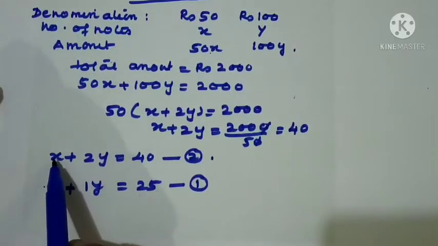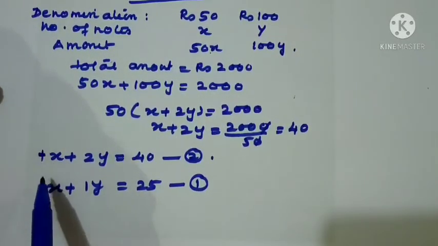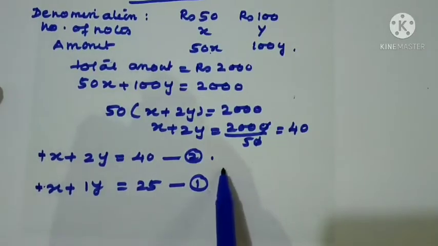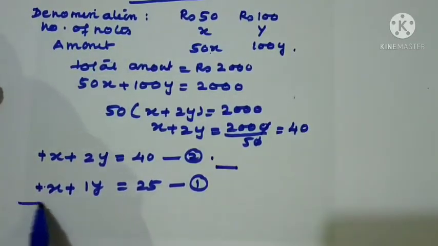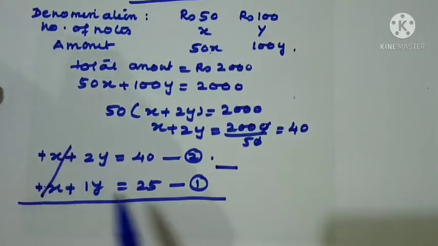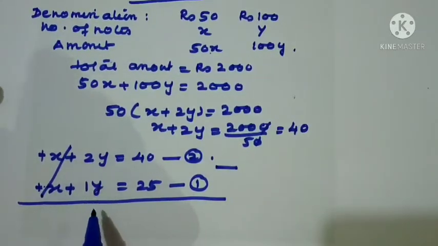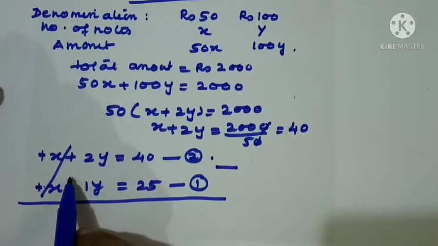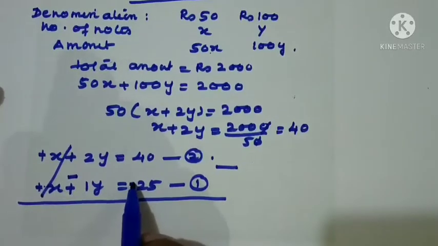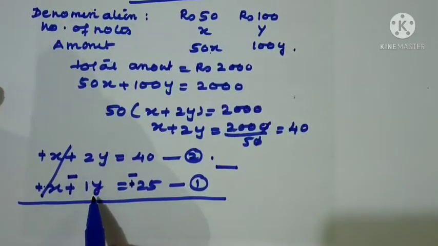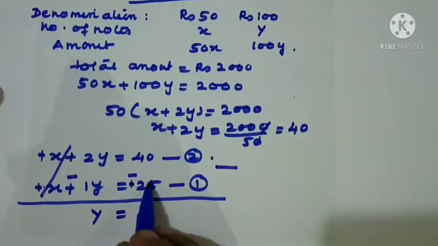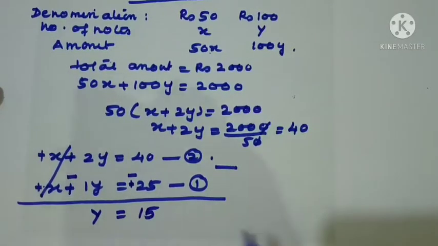We got the same sign, this is plus and this is also plus. What should we do? We should subtract for cancelling. So x will get cancelled. 2y minus 1y. So the sign change I applied here again: minus 2y minus y. What is the answer? y only. And 40 minus 25, it is 15.